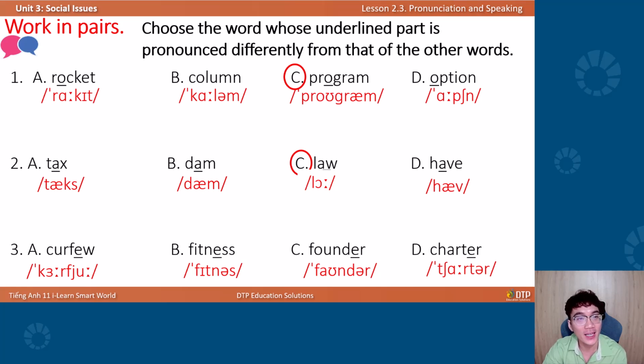Right? Fitness. C, founder. And D, charter. So B, C, and D are pronounced the same, and A is different. So you choose A. Very good job.